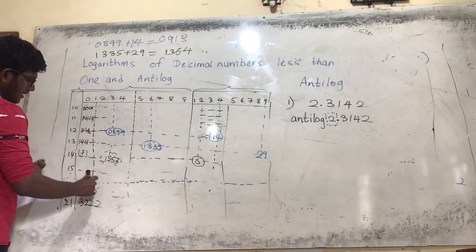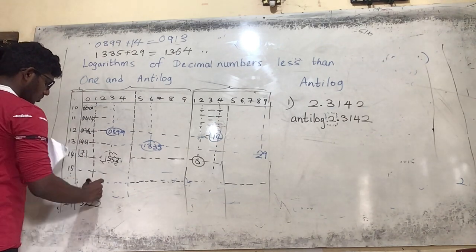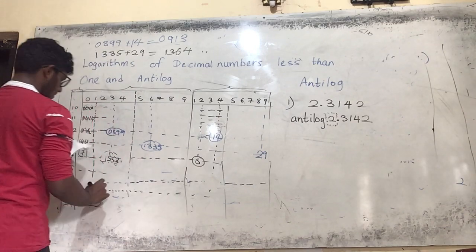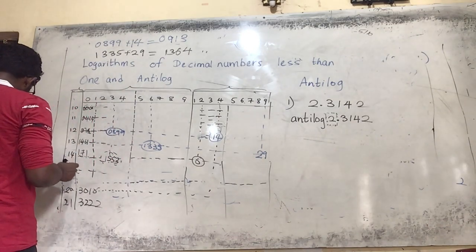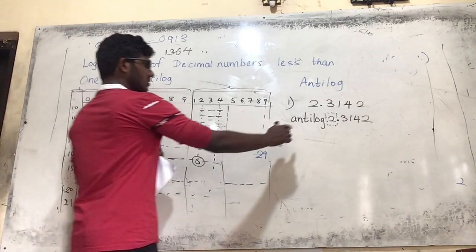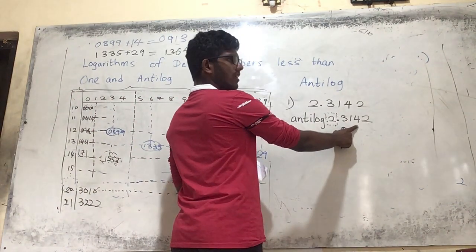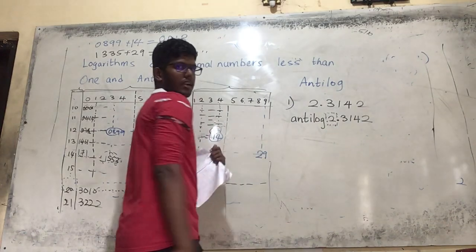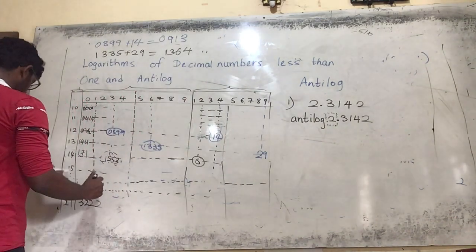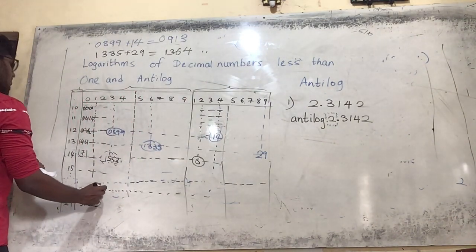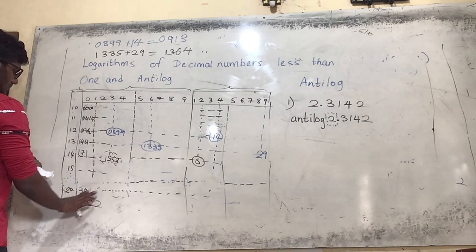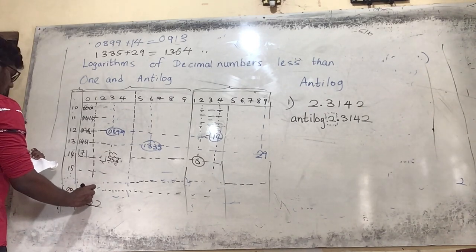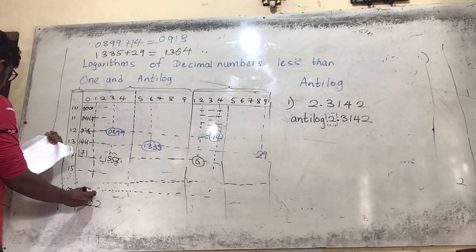Now from that row, you have to go in that row until you find a value which is lesser than 3142, but which is closest to 3142. So in the 0th column, first column you are going to get 3032.